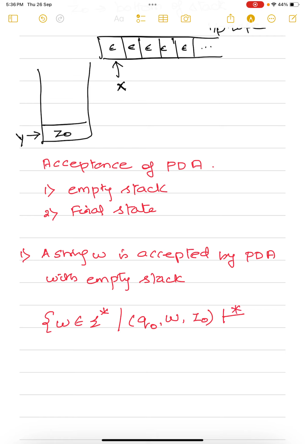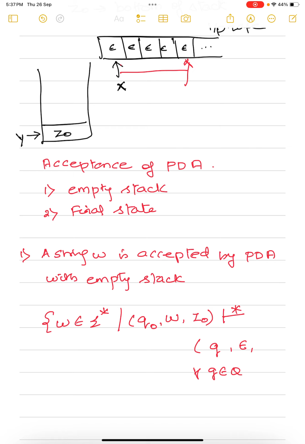After one or more transitions, it should arrive at some state Q belonging to capital Q, with the string completely traversed. If the string is completely traversed, its end is referred to with epsilon.